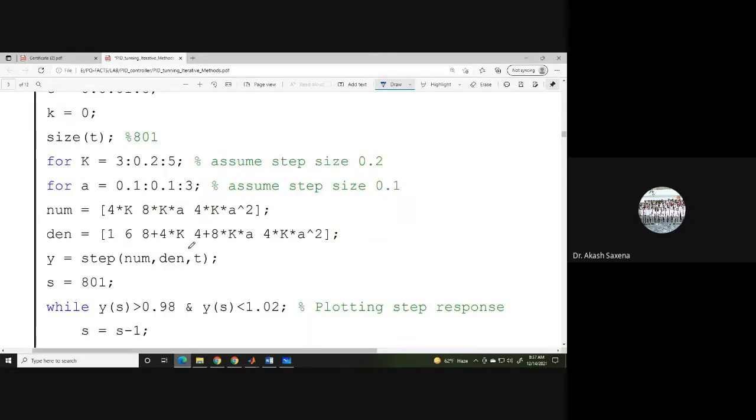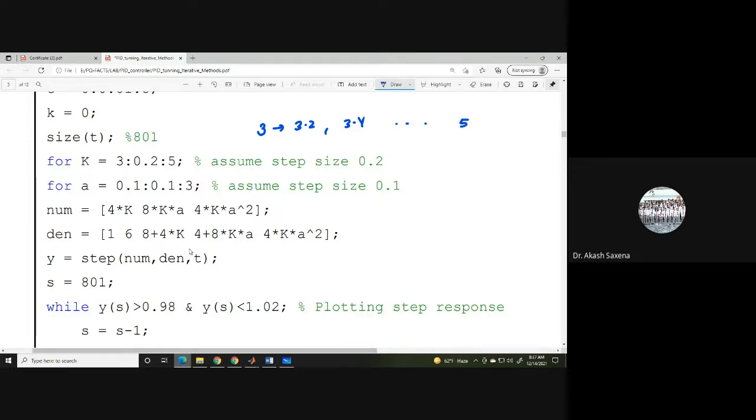Now, if I assume the step for k is from 3 to 5 with a step of 0.2, that means first I will check the value of 3, then k will go to 3.2, then 3.4, and up to 5.